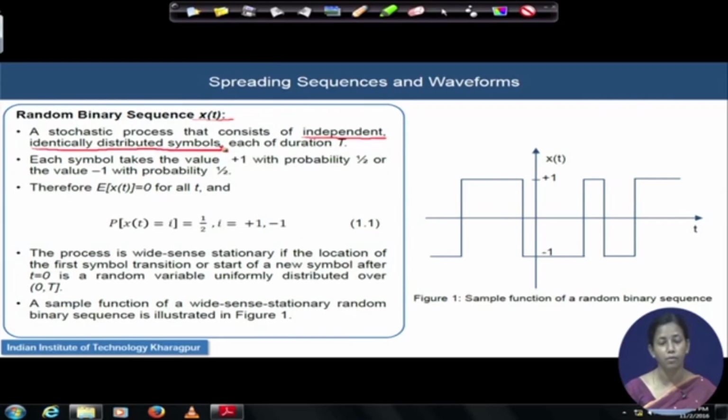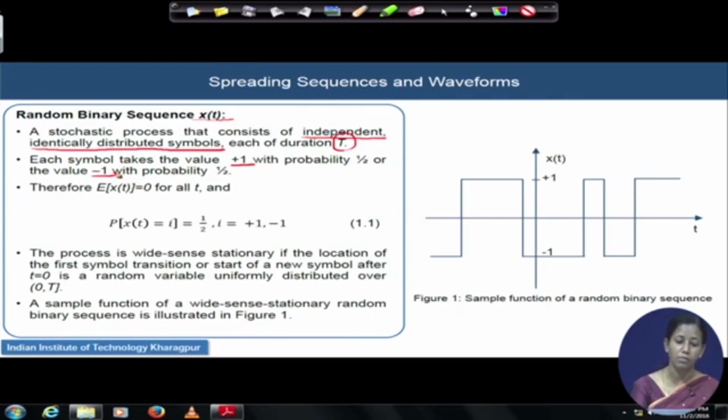Each of these symbols has a duration of capital T. The value of each symbol can be either +1 or -1. As it is a random process, the occurrence of these symbols will be random, and hence related to their probability.